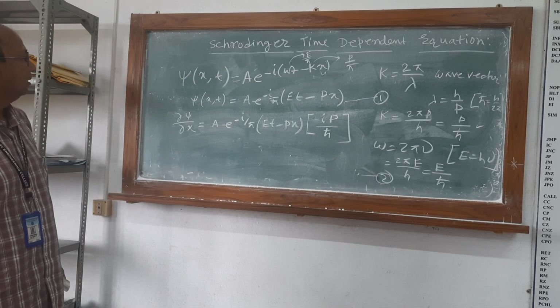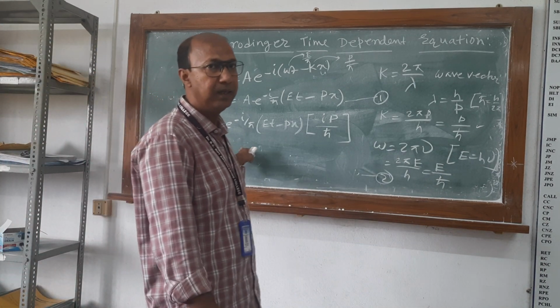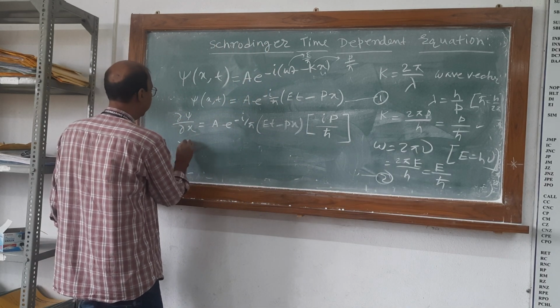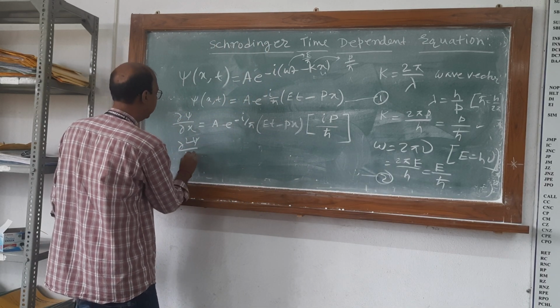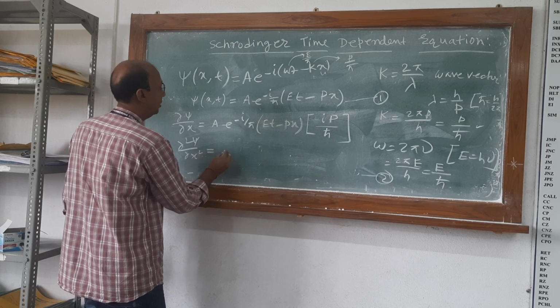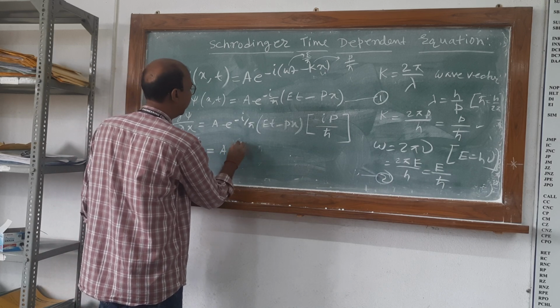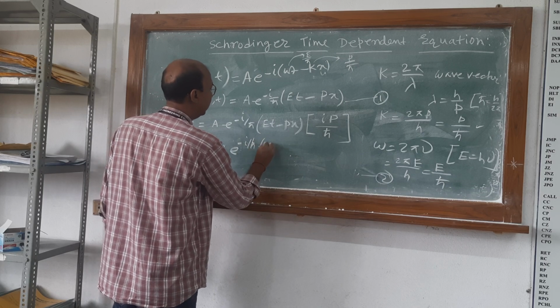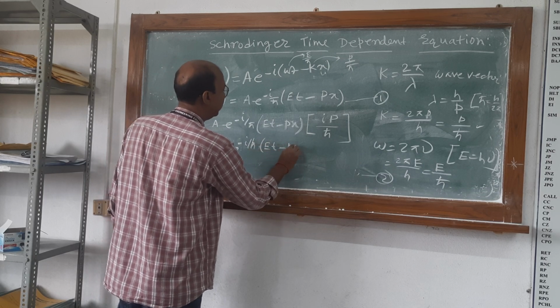Then again, taking the partial derivative with respect to x, it becomes del 2 psi by del x squared, a e to the power minus i by h cut (Et minus px).